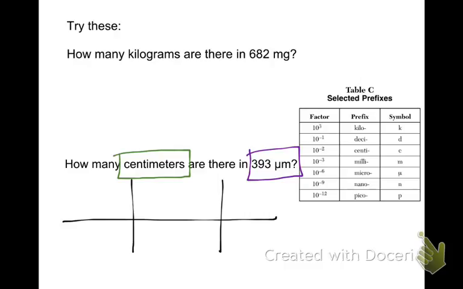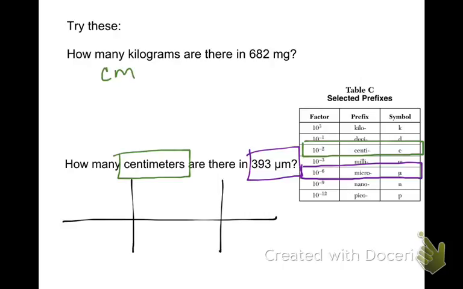So that means for reference table C, we're going to be taking a look at our micro conversion factor as well as our centi conversion factor. So let's go ahead and write these. So I'm just going to use whatever space I have up here.